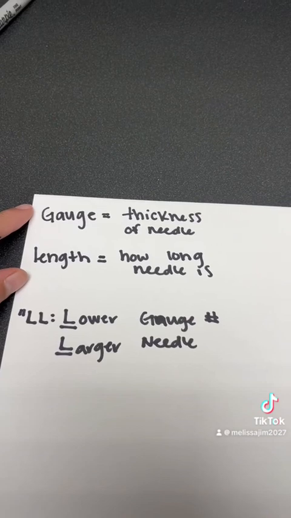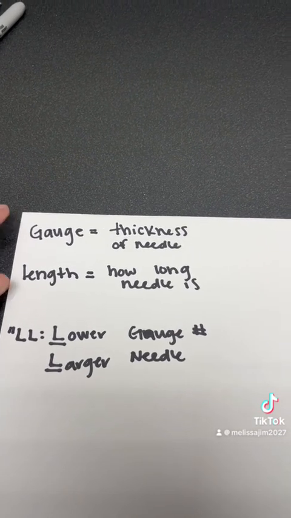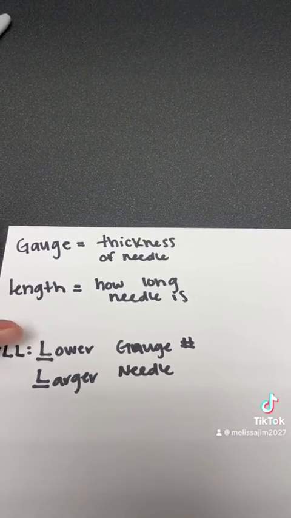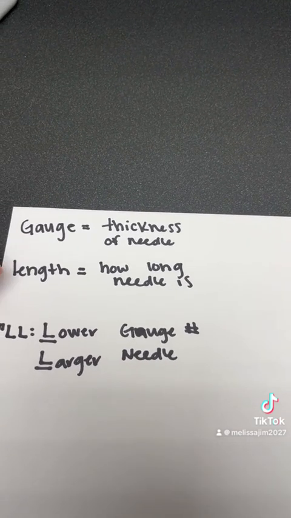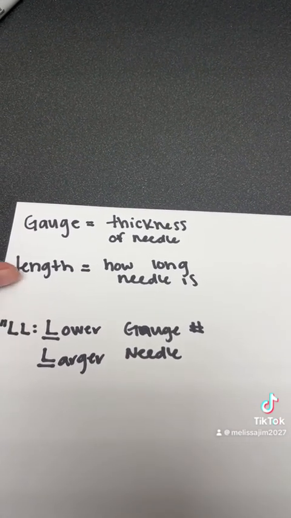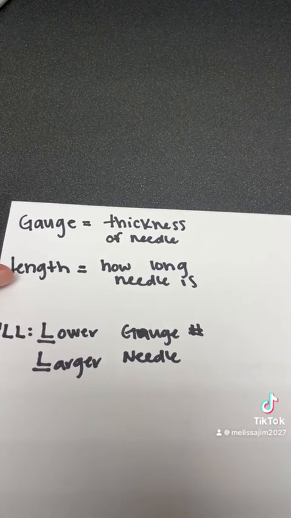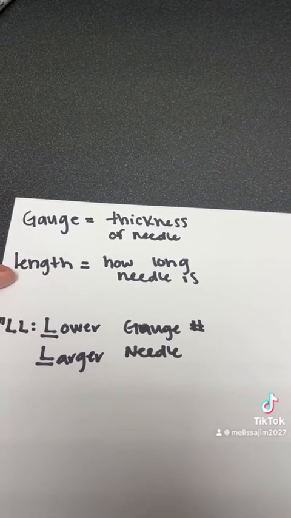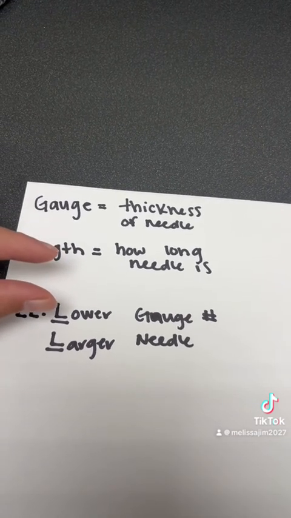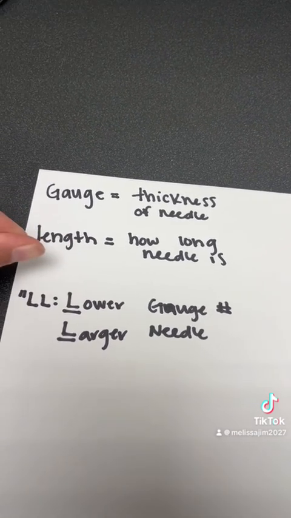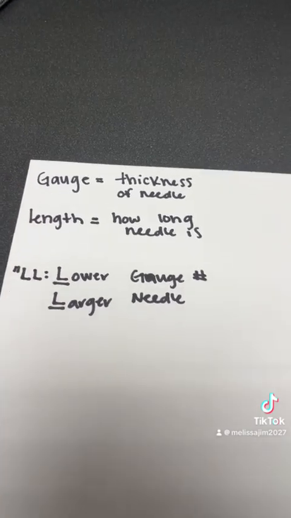So if we are giving, say, an IM injection on a really big patient, we're going to need a larger needle and a longer needle. Versus if we're going to give, say, insulin into the subcutaneous fat, we would need just a teeny tiny needle, okay, just to get into that fat area.